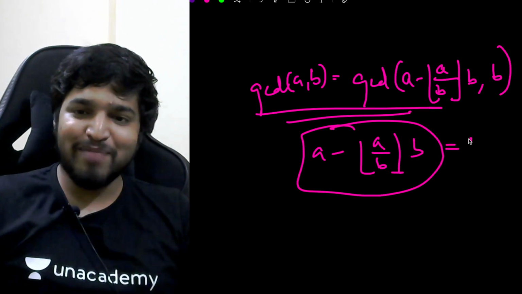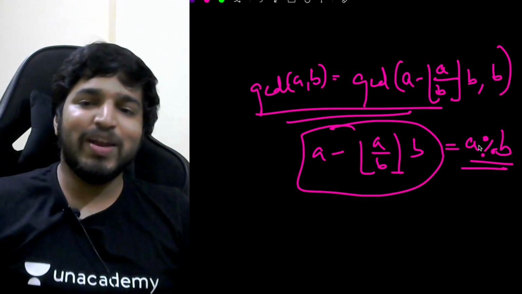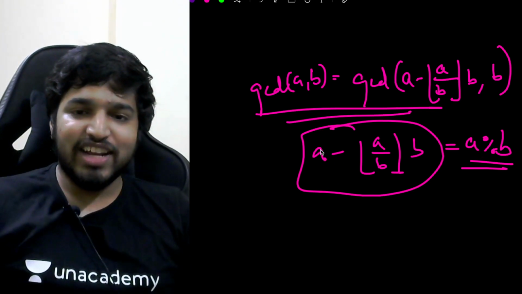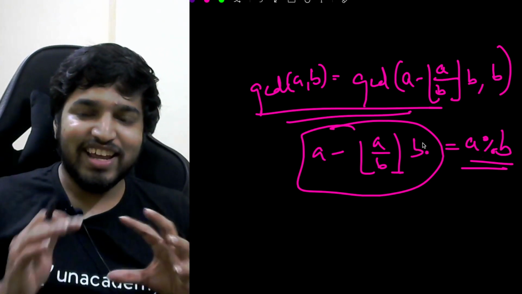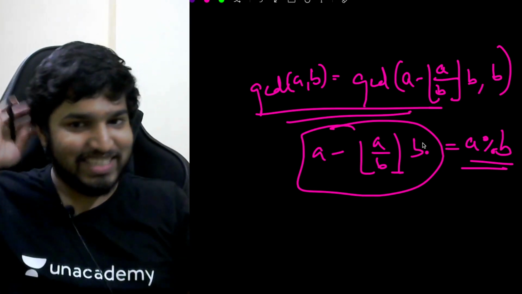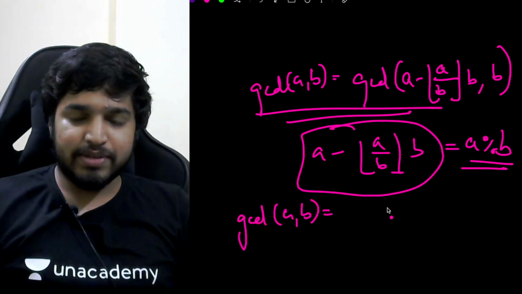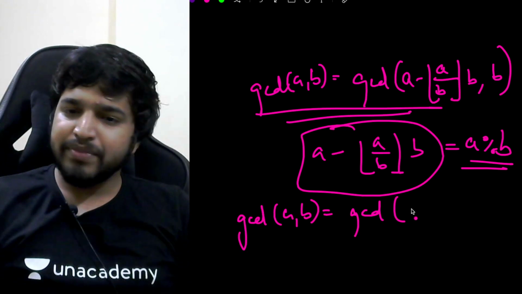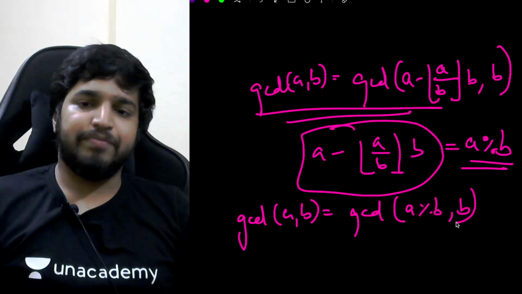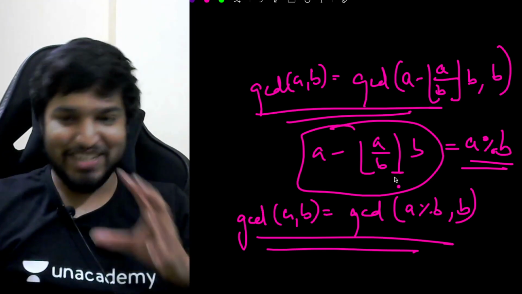This is essentially A modulo B, the remainder when A is divided by B. Like you're removing the largest multiple of B from A, which means you're left with the remainder. It's as simple as that. Meaning GCD of A comma B equals GCD of A modulo B comma B. Awesome, and this is totally sufficient to calculate GCD very quickly.